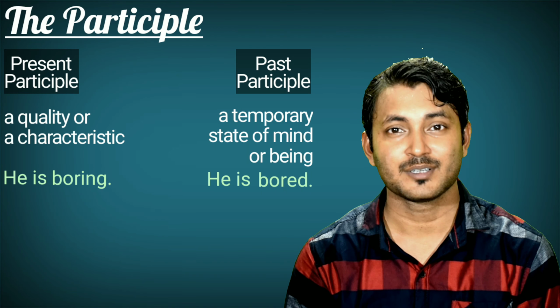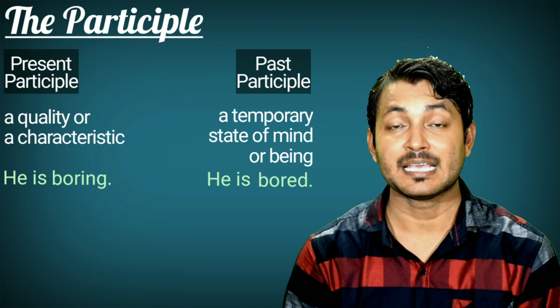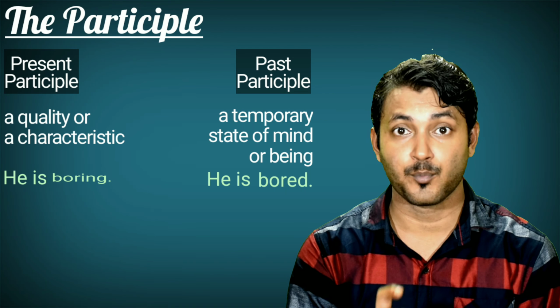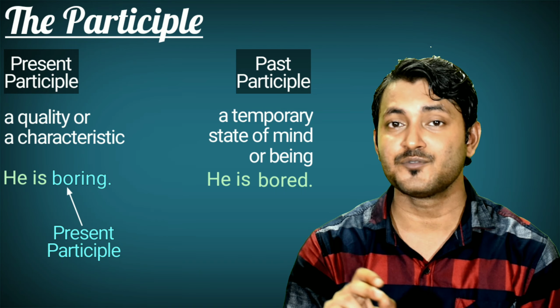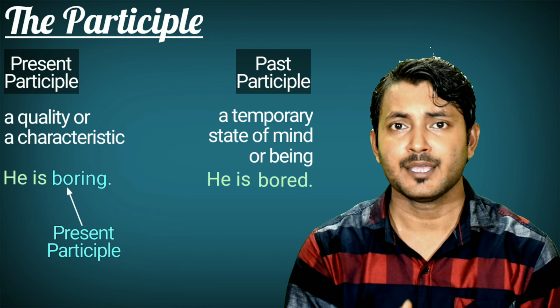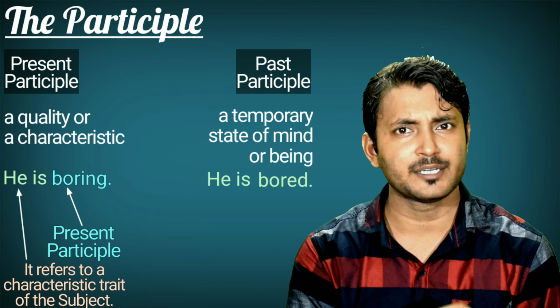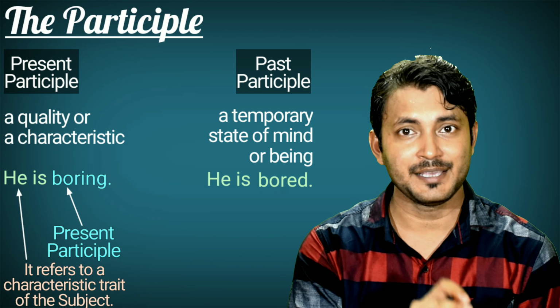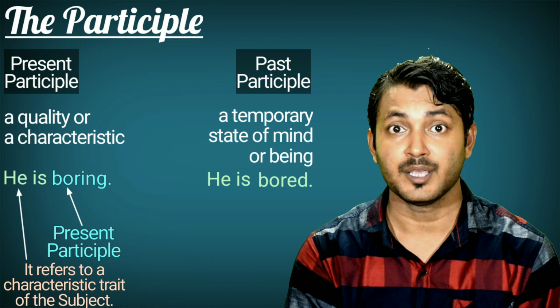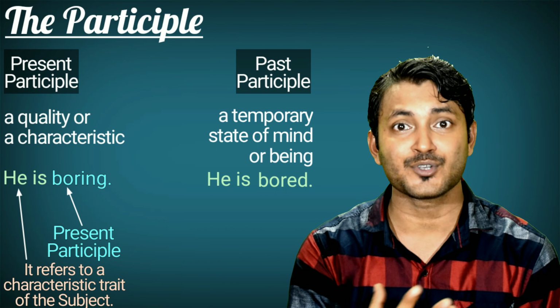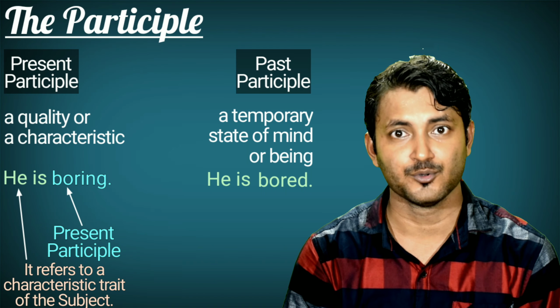Of course not. In the first sentence, he is boring. The word boring is a present participle. It is the ing form of the verb bore. Here it talks about quality of the person. He is boring means he is uninteresting. He bores you. He is the source of boredom for you.